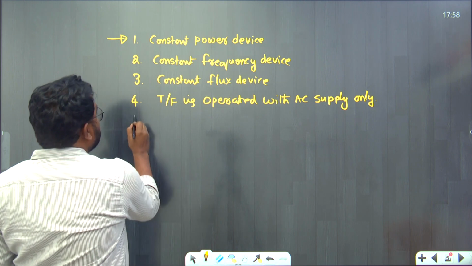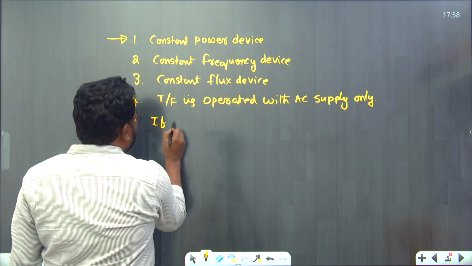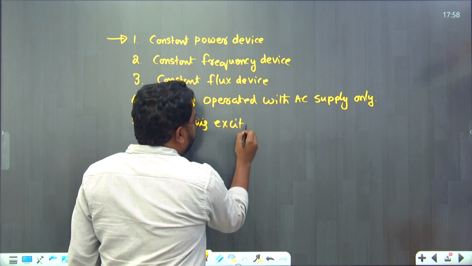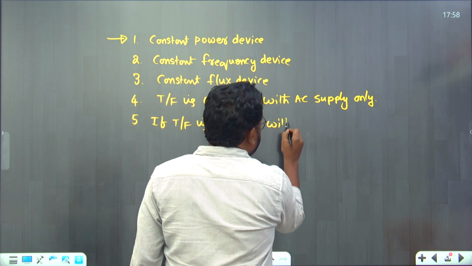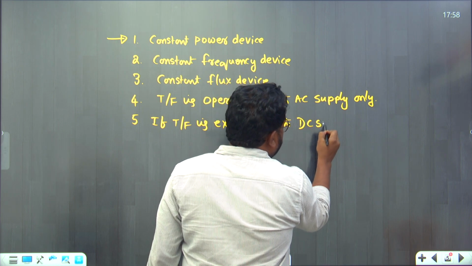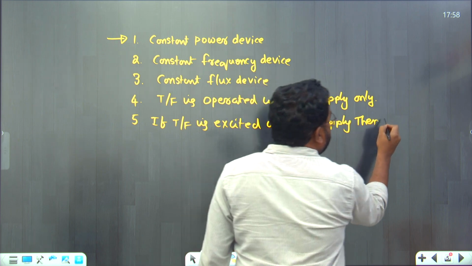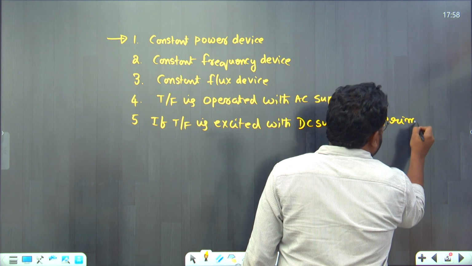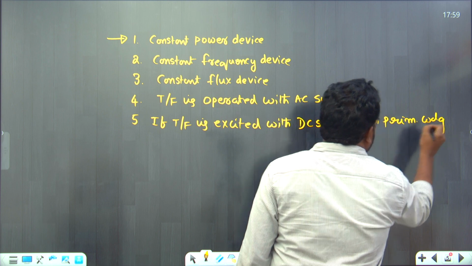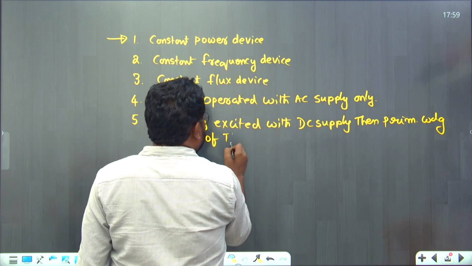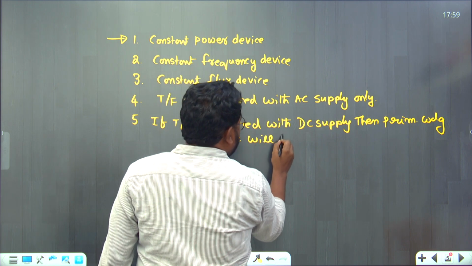The next point: if the transformer is excited with DC supply, then what will happen in the transformer? The primary winding of the transformer will be burned.